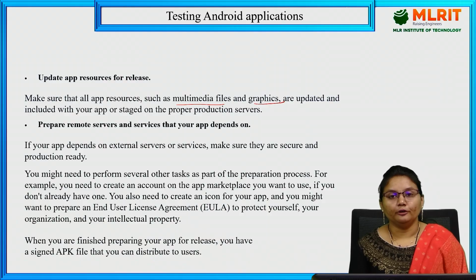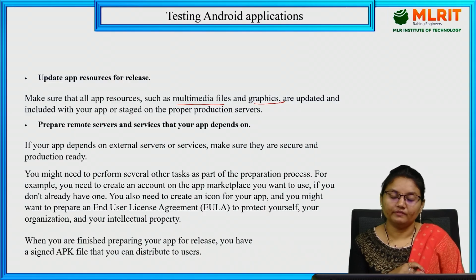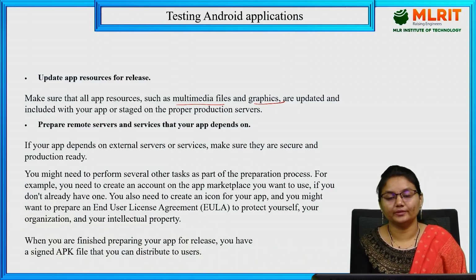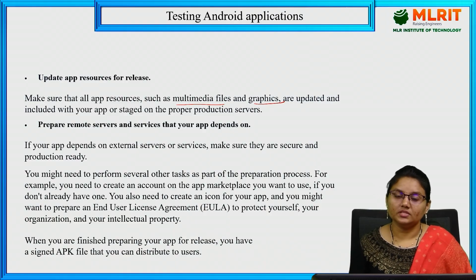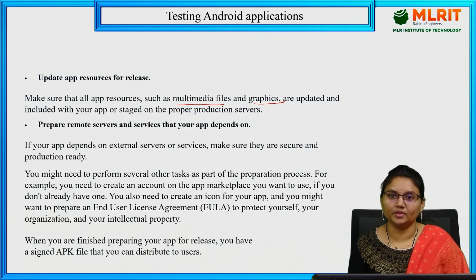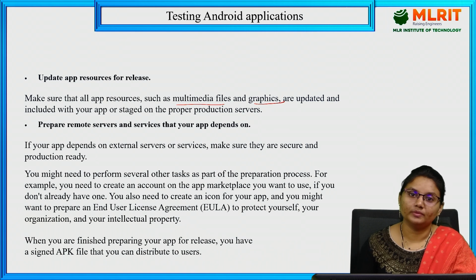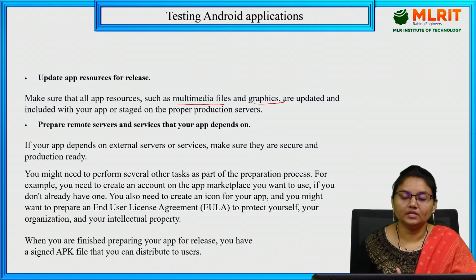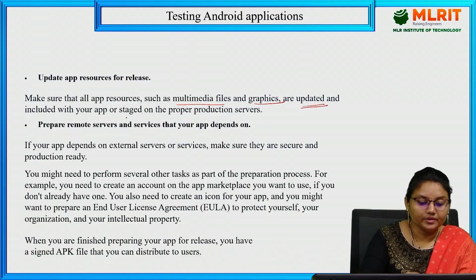If they are not updated, then suppose you have defined some images in the drawable folder to get a background displayed in your layout, those images may not be displayed, because they are not configured properly and not compatible with the target device. It will give you a worse effect. So these should be updated every time and included in your app or staged on a proper production service.